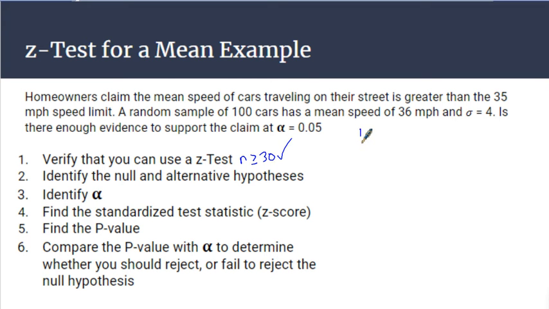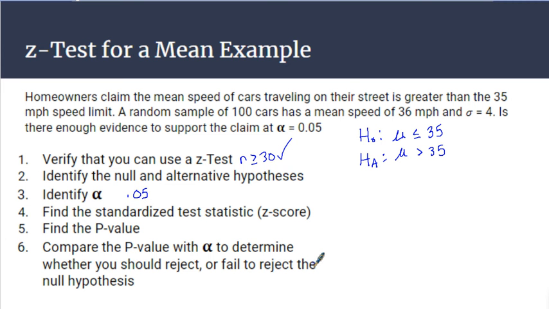Null hypothesis, H null: we are going to assume that the average speed is less than or equal to 35 miles per hour. We're going to assume the cars aren't driving too fast because the claim, our alternative hypothesis, is that they are driving too fast. They're going more than 35 miles an hour. Identify alpha. It was given to us in the problem as 0.05.